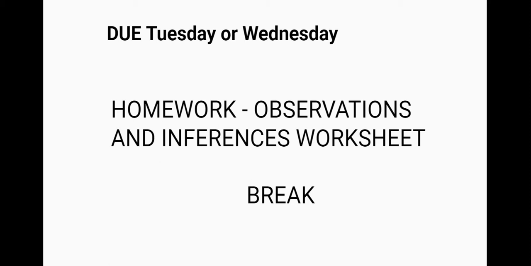Number 4, write a few sentences to explain why scientists need to be careful about distinguishing between observations and inferences. What is bad about getting it wrong? This is something that we'll talk about in class, but again, separating your opinion from what you're seeing is a huge lesson in science.